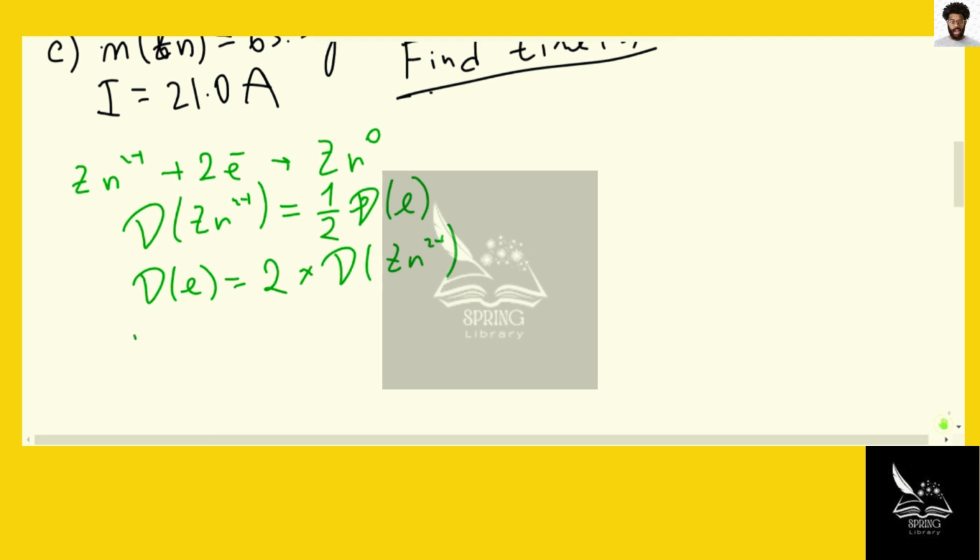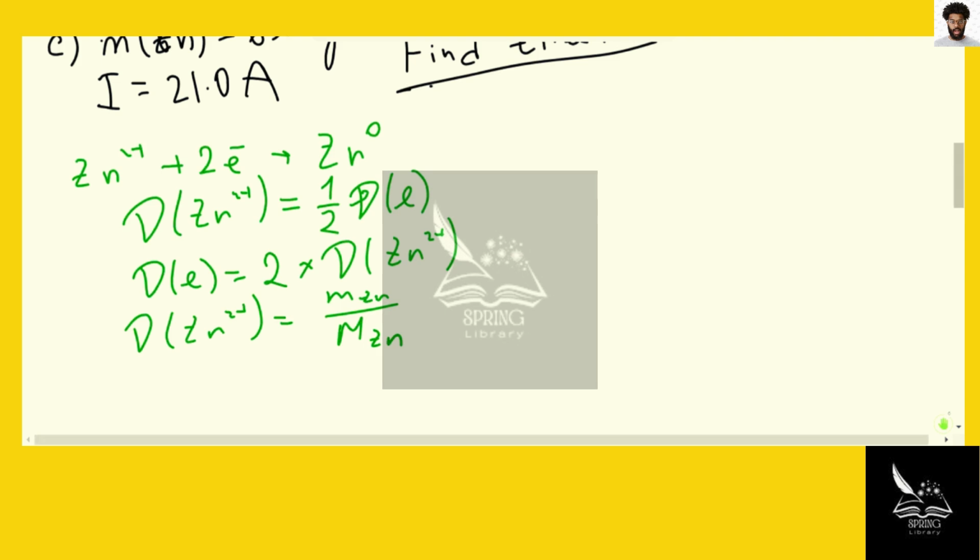The number of moles of zinc equals the mass of formed zinc divided by the molar mass of zinc.